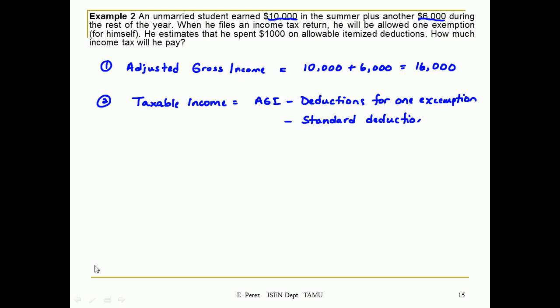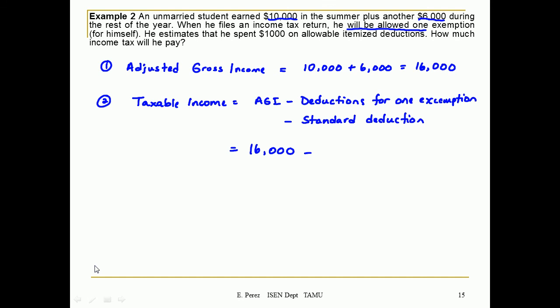Right? So we know that the adjusted gross income was $16,000. We know the deduction, the exercise is telling you that he will be allowed one exemption.